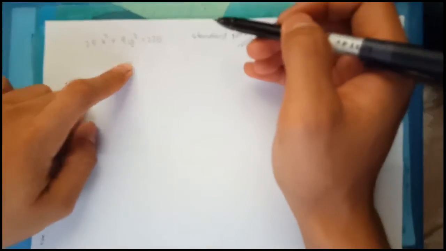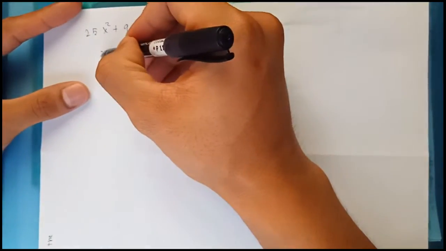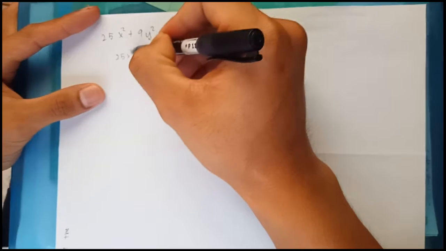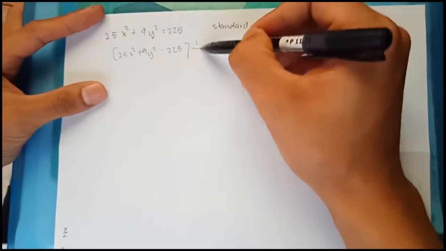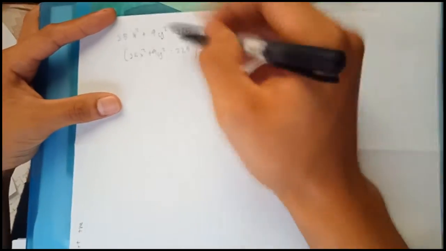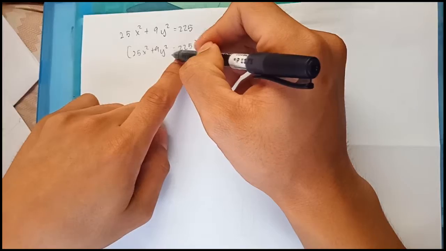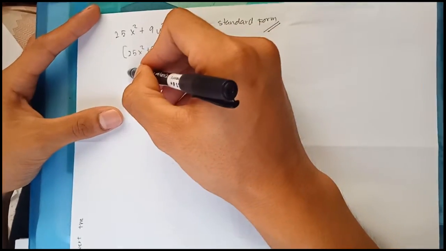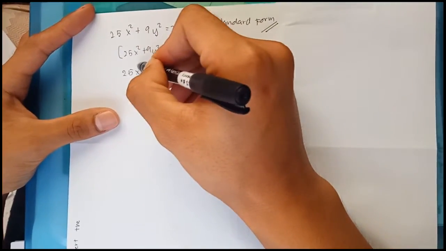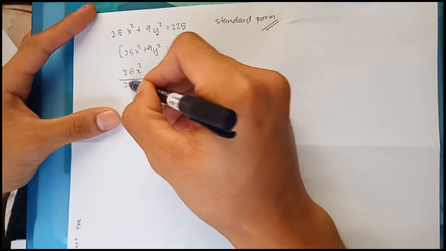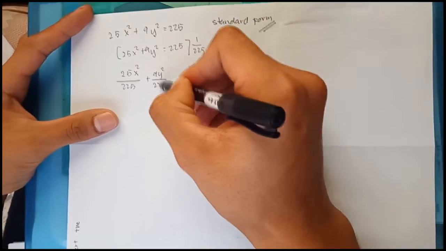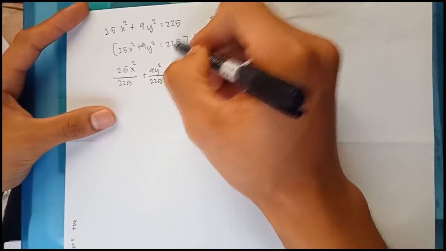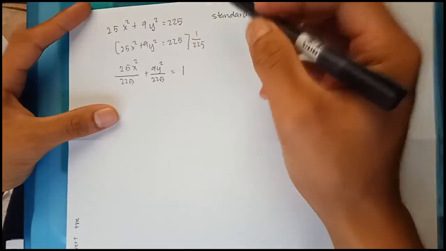To convert this to standard form, we have to multiply the whole equation by 1 over 225 to make the 225 here 1. So x squared over 225 plus 9y squared over 225 equals 1, this then will cancel out.